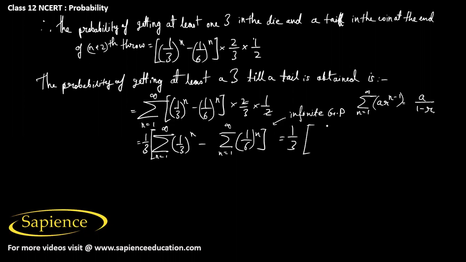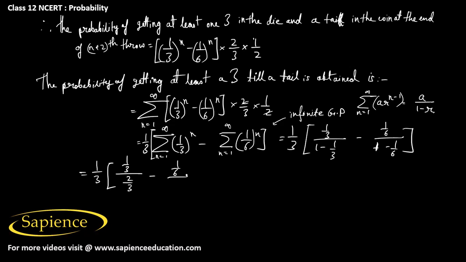So this will be a by 1 minus r, then minus a by 1 minus r. Therefore this will be 1 by 3 into, 1 by 3 by 2 by 3, minus 1 by 6 by 5 by 6. The 3s will cancel, the 6s will cancel.